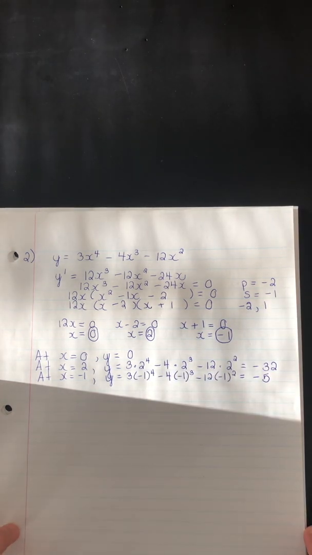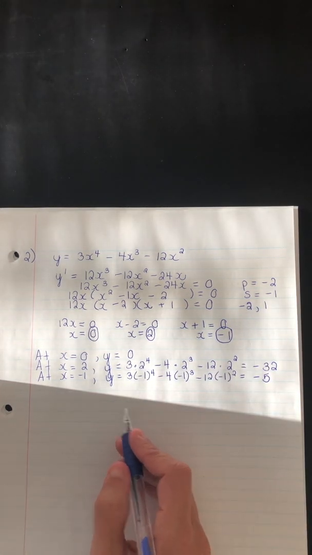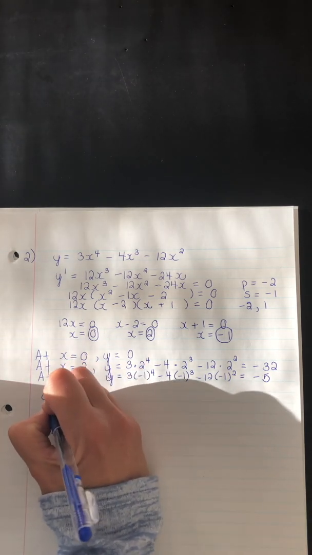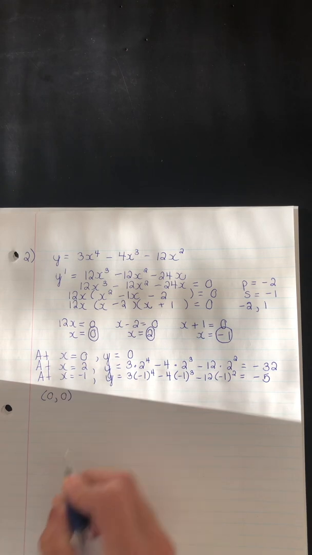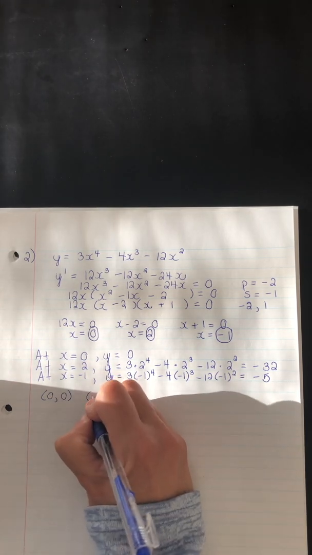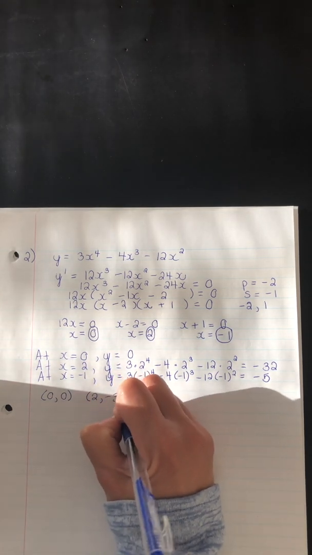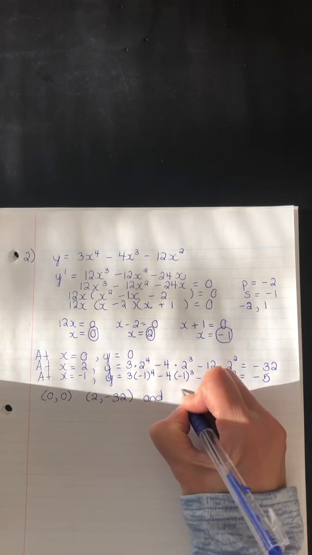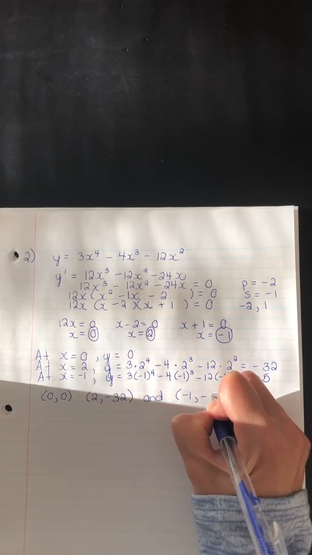All right, so we're at the exciting part where we can state that we have 3 extremes, and they are the points 0, 0, 2, -32, and -1, -5.